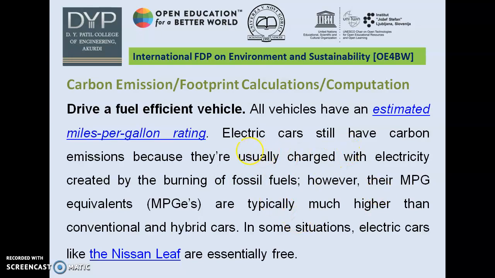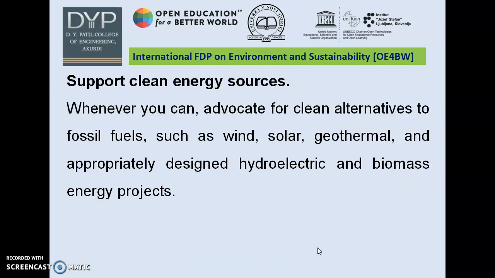So even with electric cars, the emission of carbon dioxide is less, but those vehicles have to be charged by electricity produced by burning fossil fuels. Every vehicle has an estimated miles per gallon rating. It should be fixed when considering pollution. Now BS4 has been upgraded to BS5 and 6 to reduce the emissions of carbon dioxide. In some situations, electric cars like the Nissan Leaf are essentially free when compared with the remaining sources of carbon emissions.